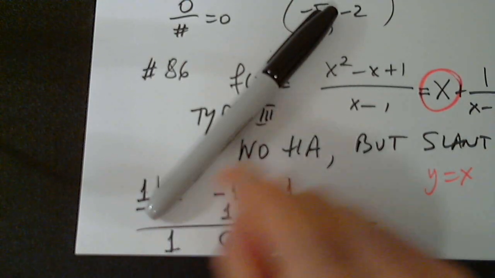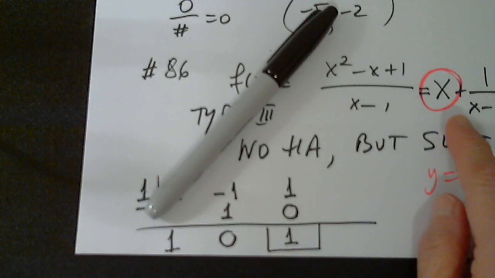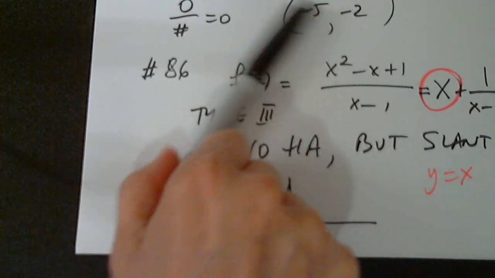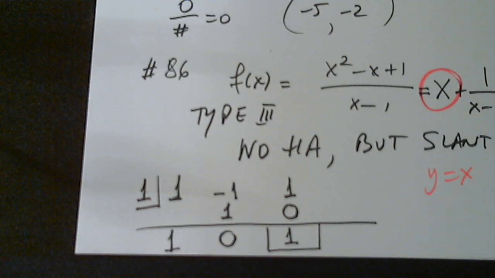So it goes from negative infinity to positive infinity following the slant asymptote. That's all you need to find. Other questions, please? Is this okay for the slant asymptote?